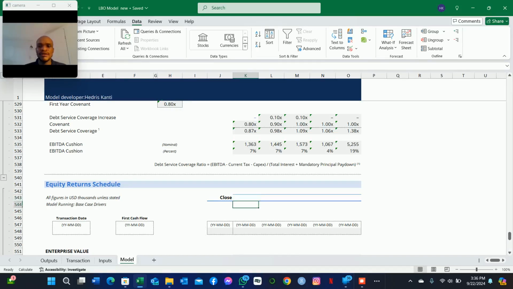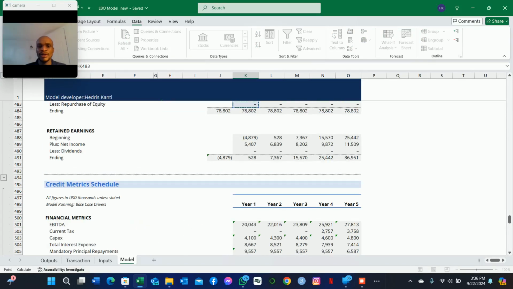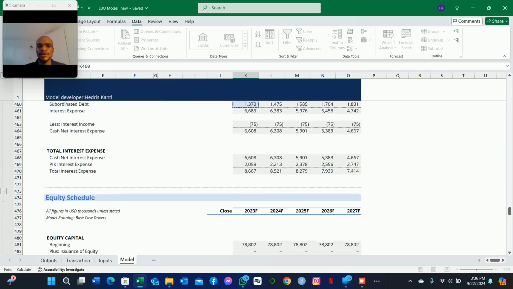Recall that the investors who are injecting equity into this leveraged buyout are sophisticated investors such as hedge funds, which we classify as institutional investors. So we want to model their returns as a result of embarking on such a strategy.